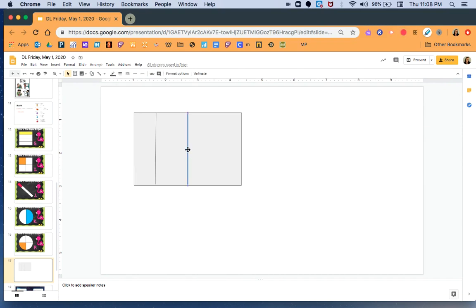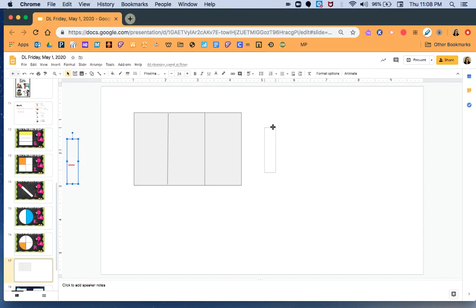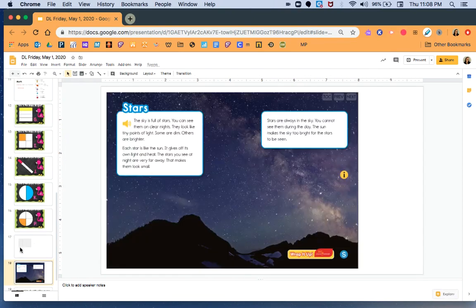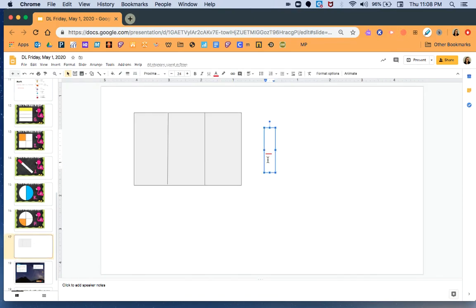So let's see. How can I change these lines so that I do have equal pieces? Let's try that. Are those equal pieces? They sure are. So if those are equal pieces, how many pieces did I cut up? I broke it into 3 equal pieces.